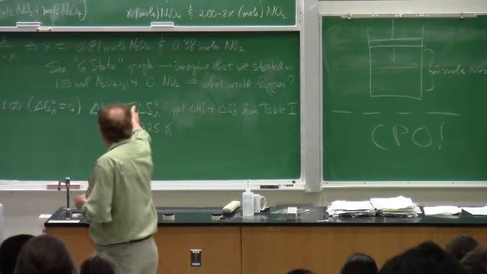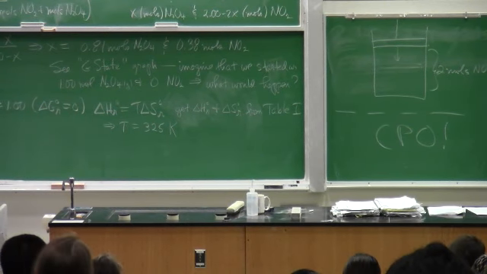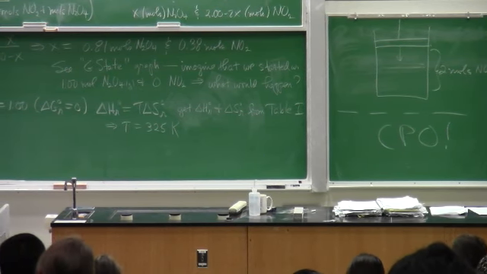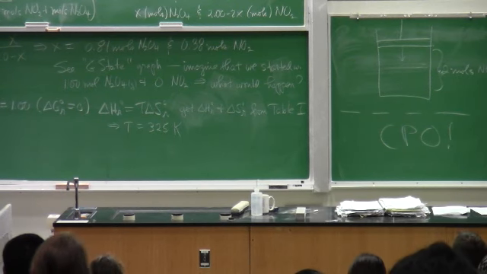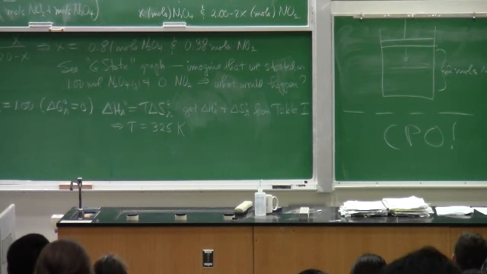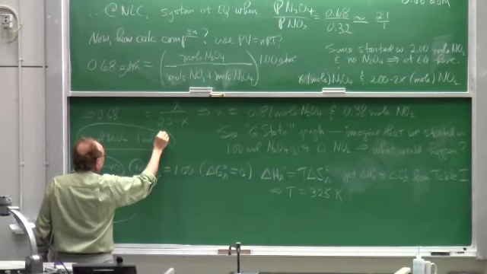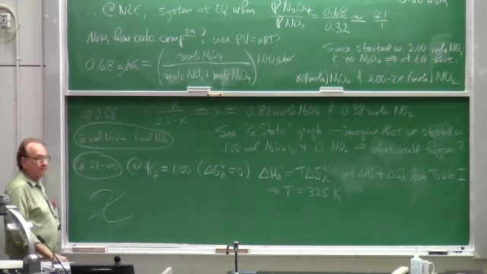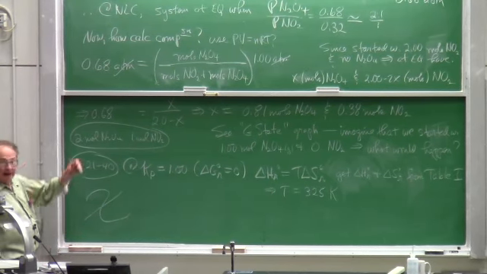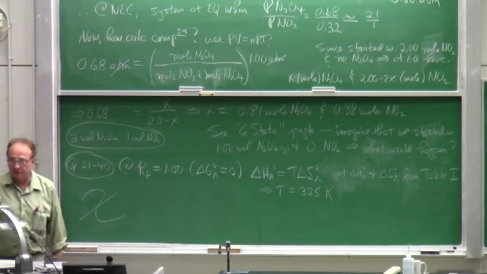So, look at this equilibrium mix. Let's imagine that I make a mixture of 2 moles N2O4 and 1 mole of NO2.